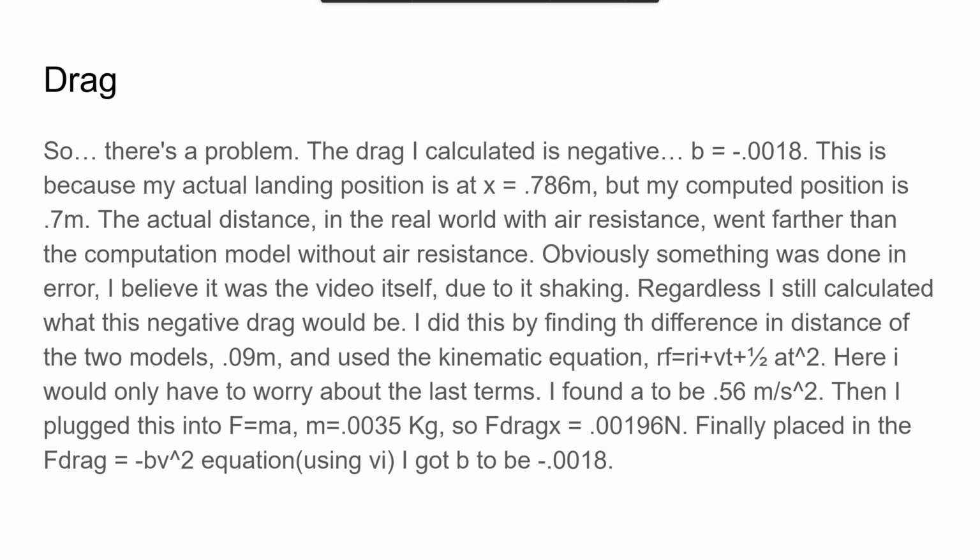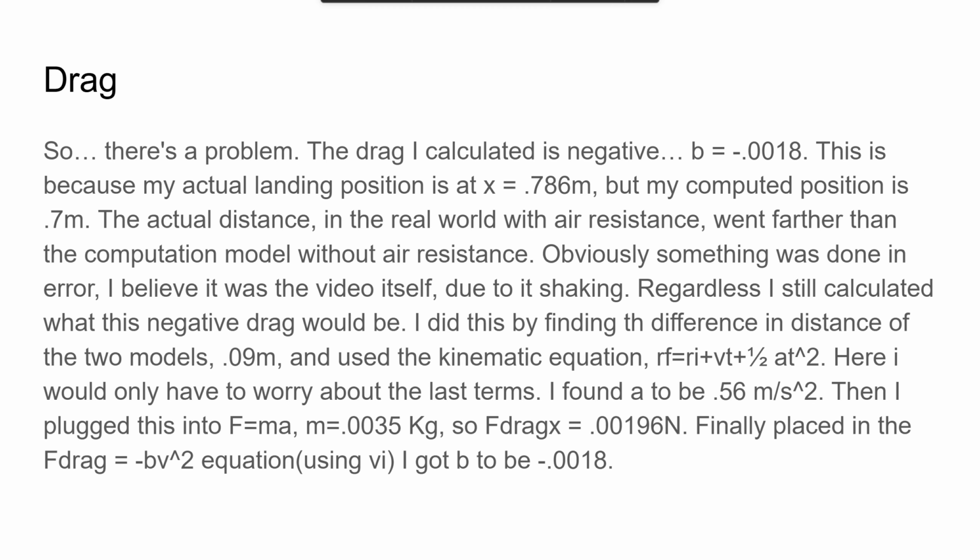The way I calculated it, however, was I found the difference, which is 9 centimeters. I used a kinematic equation to find the acceleration. That turned out to be 0.56 meters per second squared. Then I plugged it into force equals mass times acceleration. The mass of our ball was 3 grams, and so our F drag in the x direction was 0.00196 newtons.